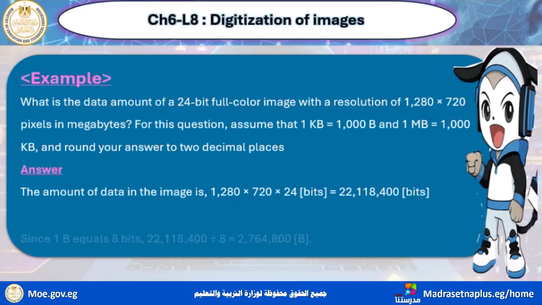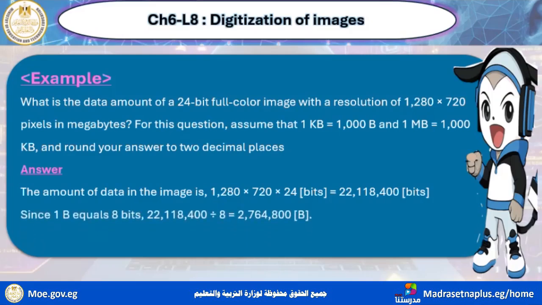How could we do this? Since 1 byte equals 8 bits, we should first convert to bytes: 22,118,400 divided by 8 is equal to 2,764,800 bytes.